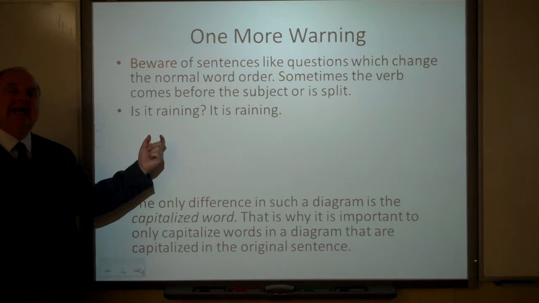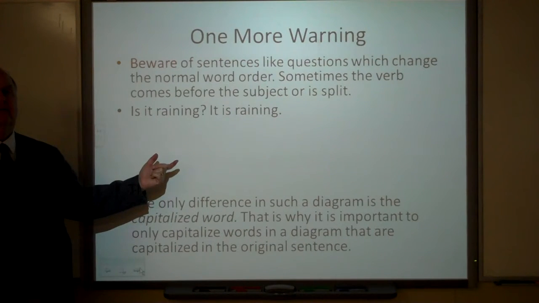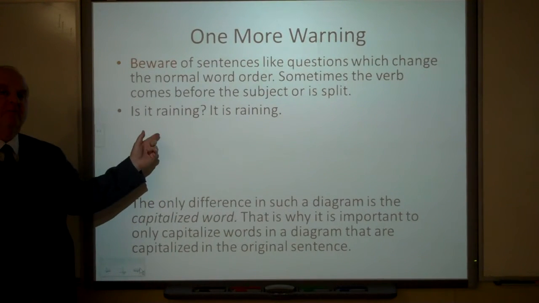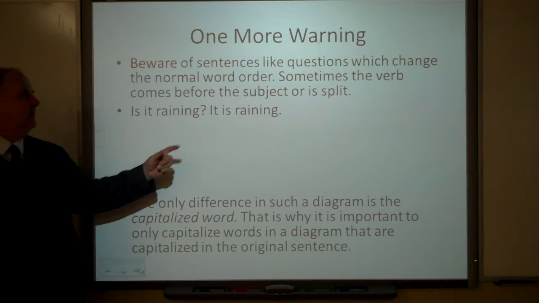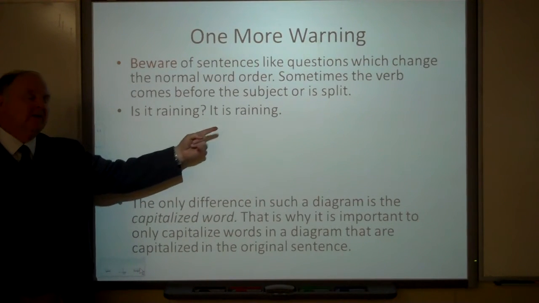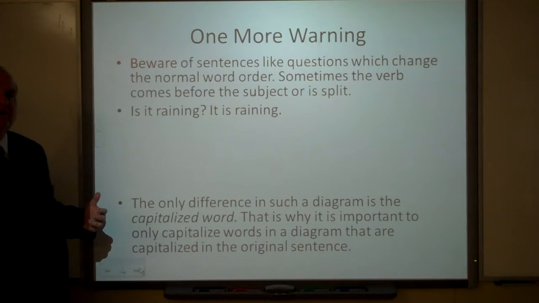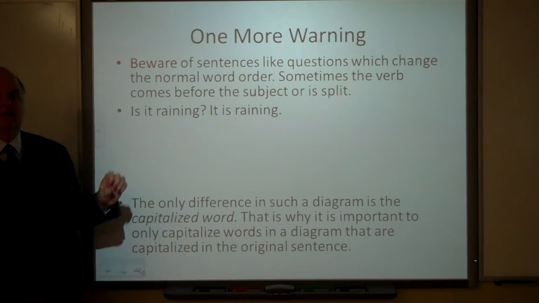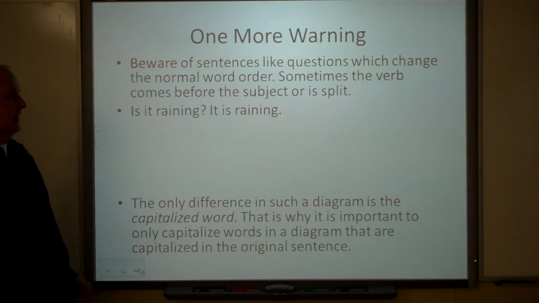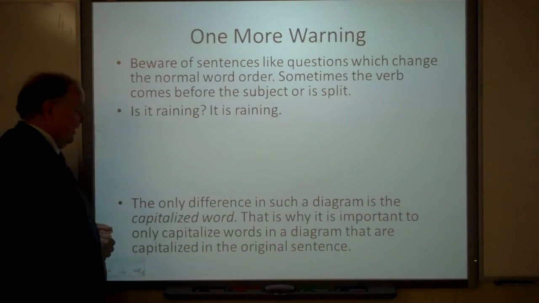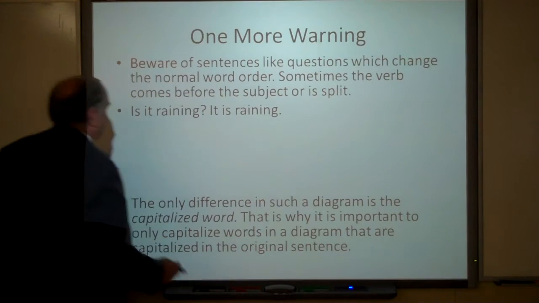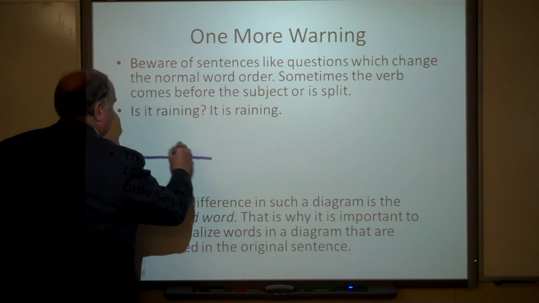Notice that grammatically, except for the fact that one is a question, one is interrogative, and one is just making a statement, one is declarative, grammatically, the parts of the sentence are the same. The diagrams are going to look identical except for the capital letter. That's why it's important to capitalize the first letter in the diagram. So, is it raining? Okay.